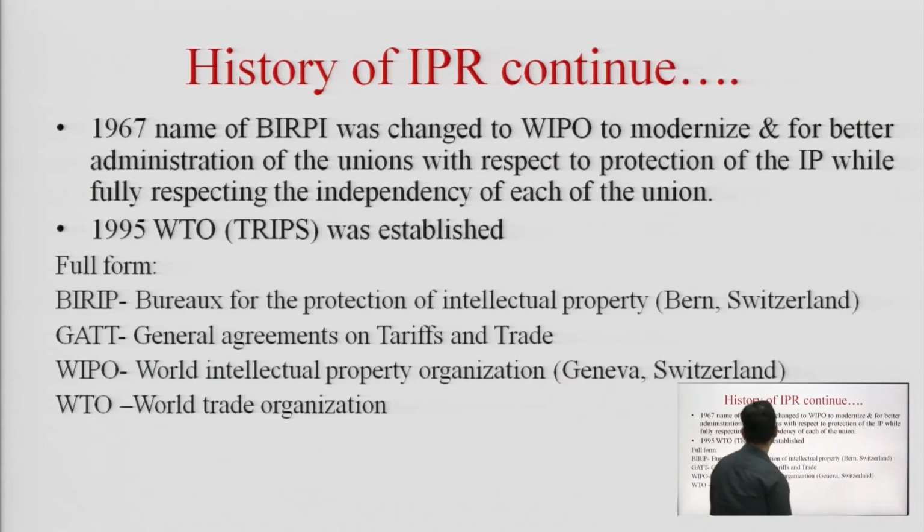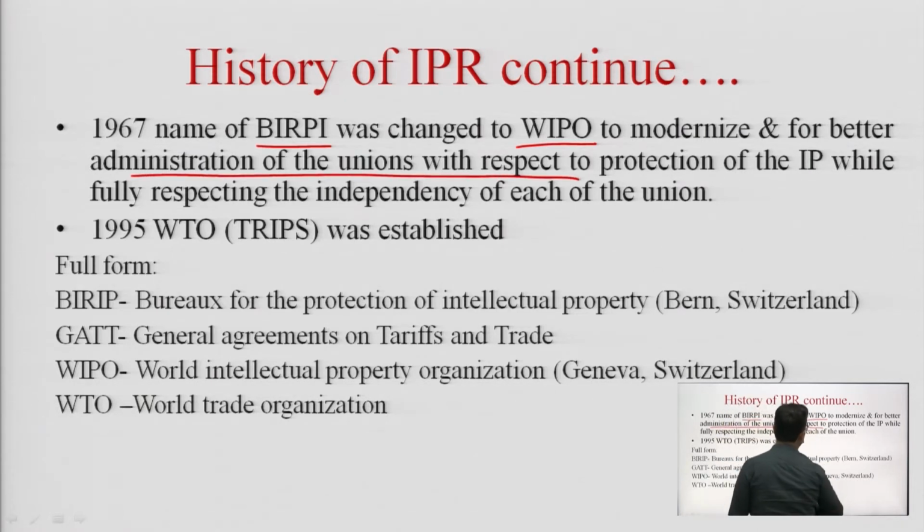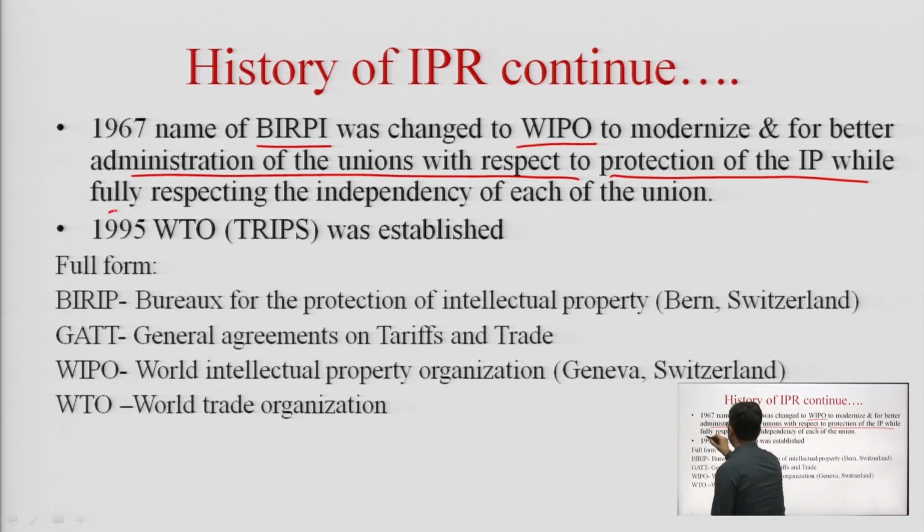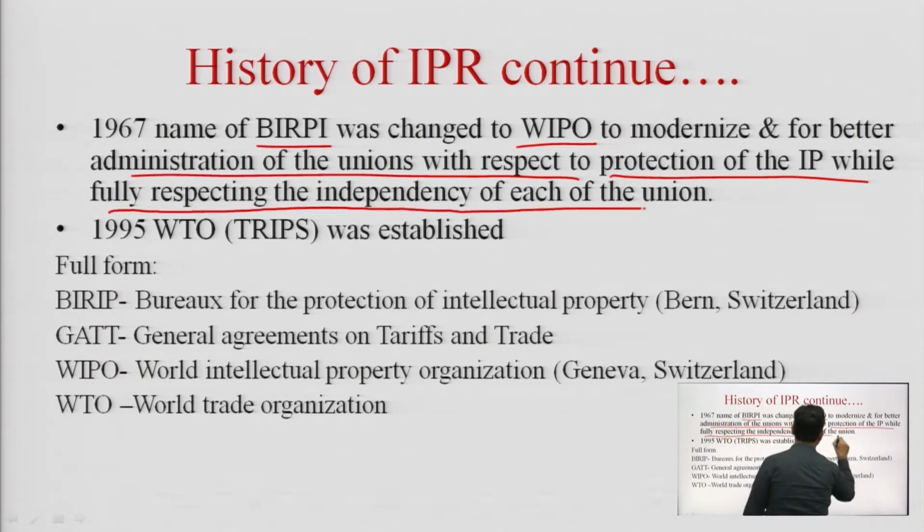Okay. In 1967, the name of BIRPI was changed to WIPO. Okay, WIPO, to modernize or for better administration of unions with respect to protection of IP, while fully respecting the independence of each union. Okay.